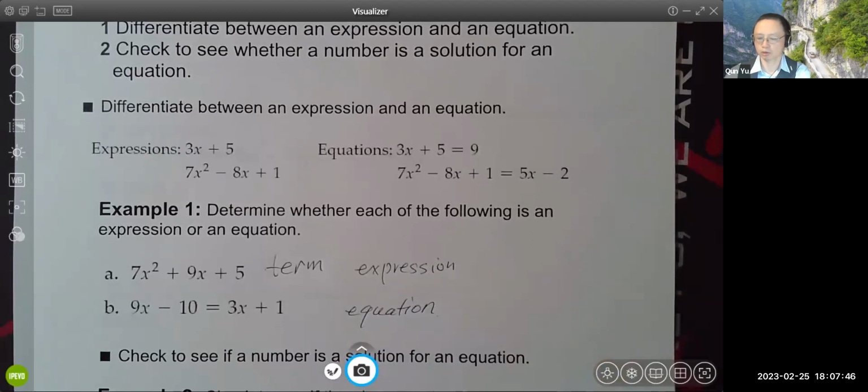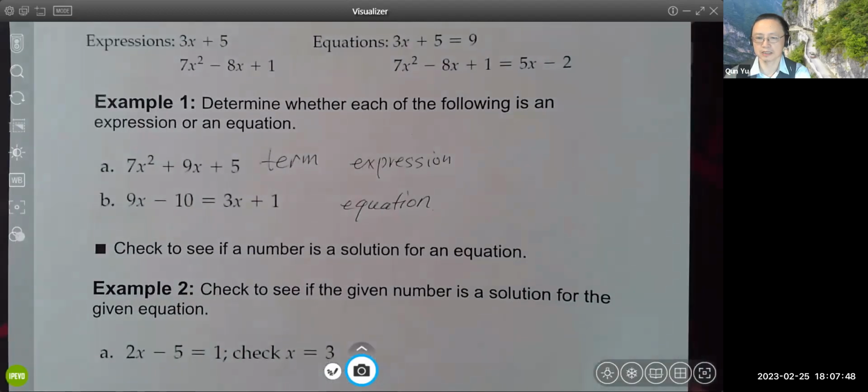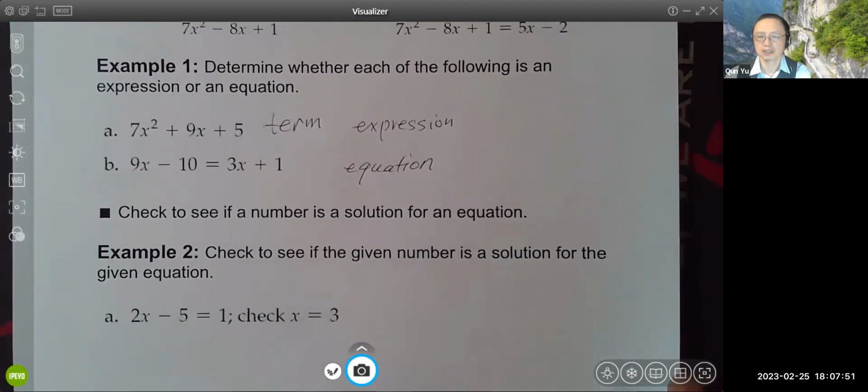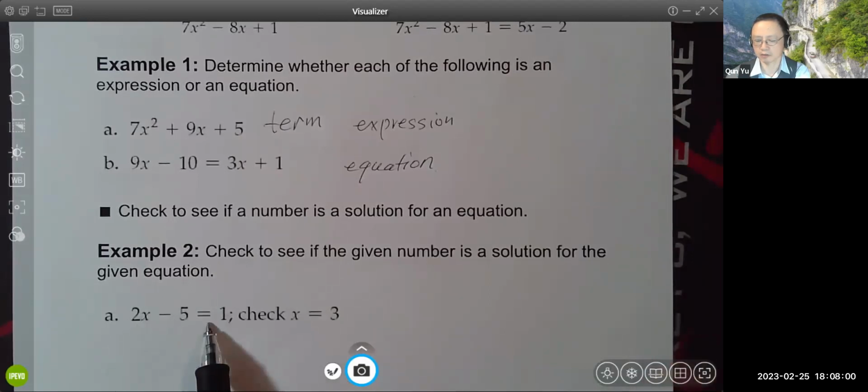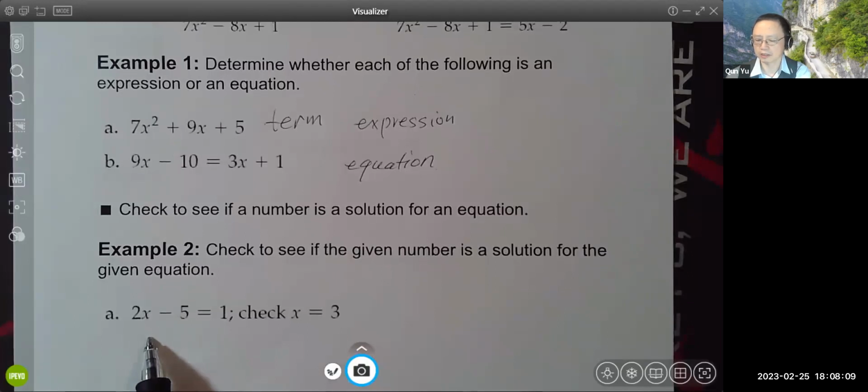Now let's move on to our second learning objective in this video. We want to check if the given number is a solution to the equation. So we have this equation, a very simple one, and we are given a number x equals 3. So we have x as a variable in this equation. All we need to do is replace this variable with the given number to see if this number makes the equation equal.